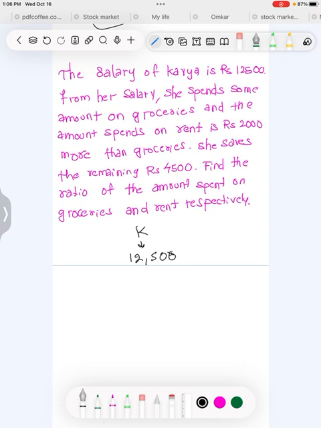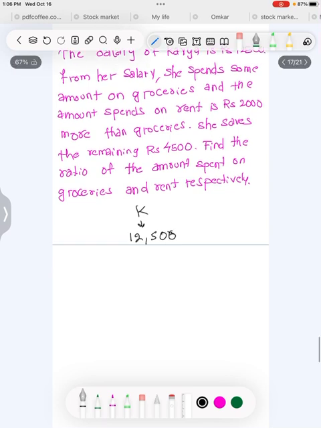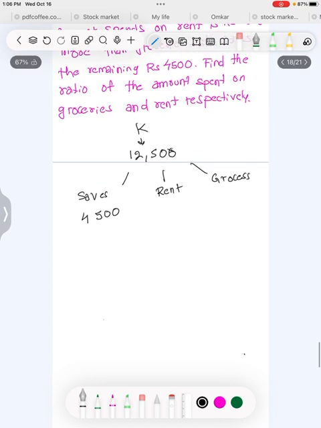From that she saves 4,500. Okay. For rent and groceries she spends the rest. So you can see that on rent and groceries it was spent 8,000.